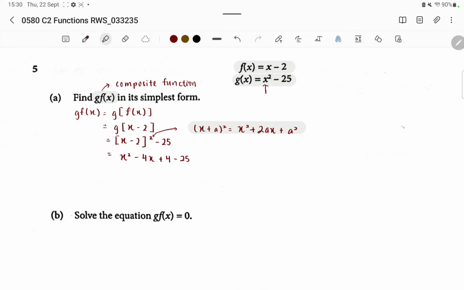Simplify this part, 4 minus 25. So this should be x squared minus 4x minus 21. This one will be your final answer.